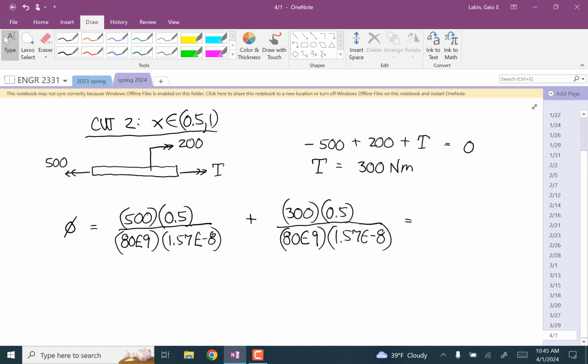And I got an answer of 0.318, and this is in radians.